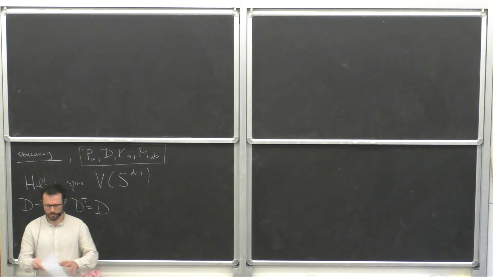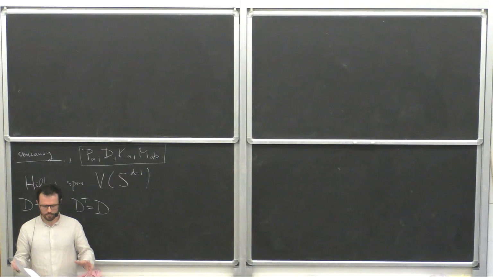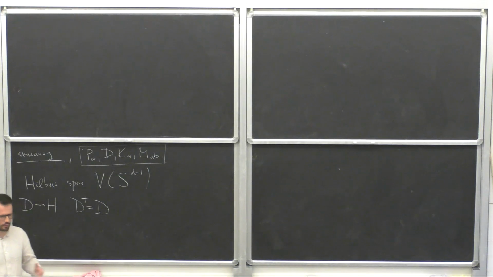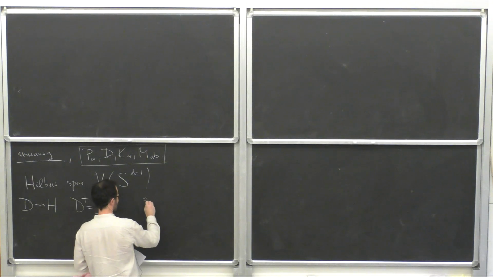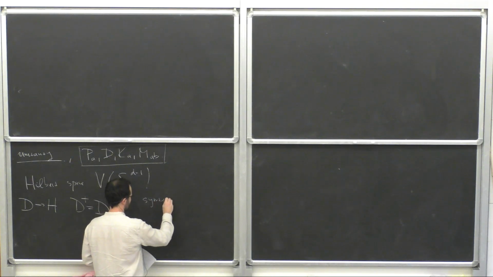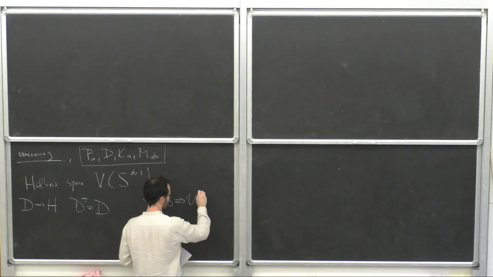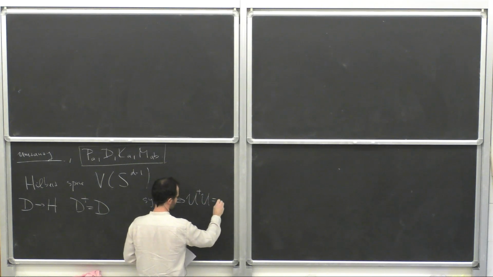This is a general theorem that any symmetry of a quantum field theory gives rise to a unitary operation which realizes that symmetry. So unitary means U dagger U is 1.